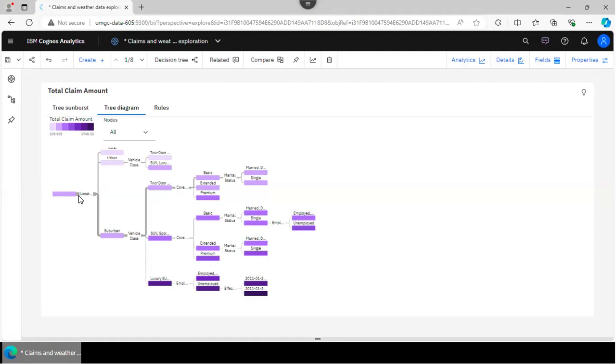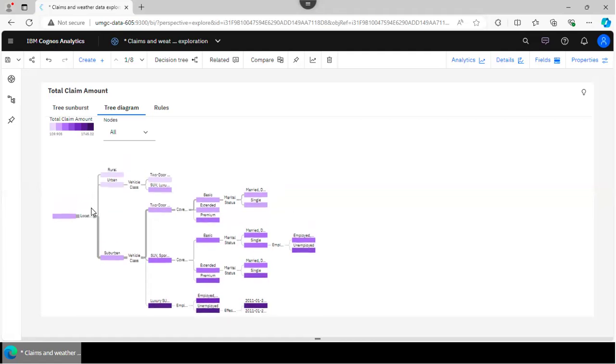So what are we going to do next? Next, we're looking at the location code, right? So if the location code is rural, we'll take this part here. If it's rural, we go to this node, then I can click on my node, right? And I can see the average claim amount.